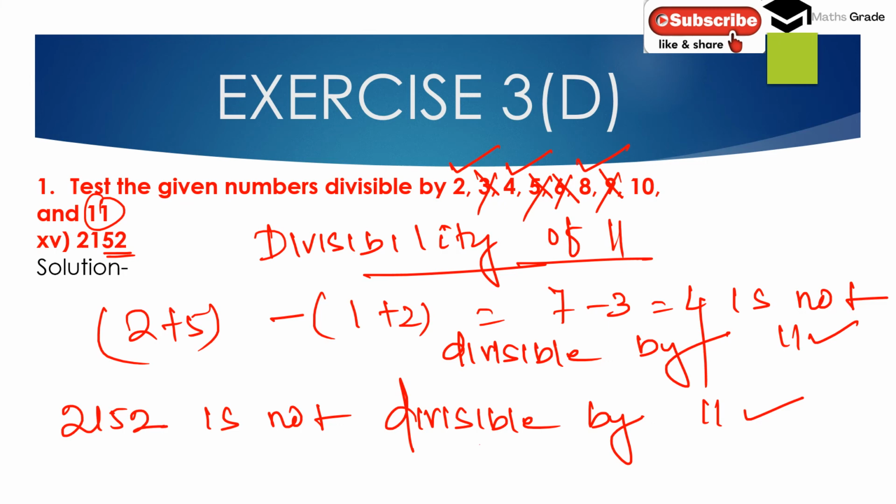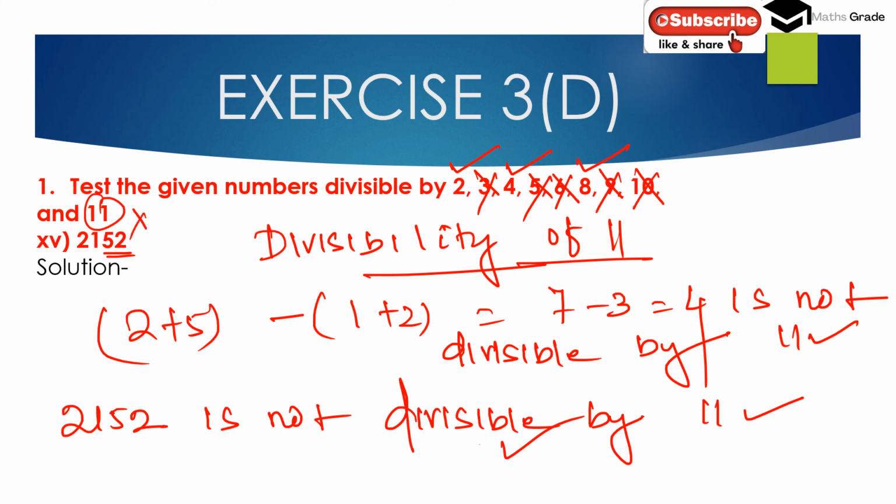So the number 2152 is not divisible by 10. Now the sum of digits at odd places is 7 and the sum of digits at even places is 3. 7 minus 3 is 4. 4 is not divisible by 11. So the number 2152 is not divisible by 11.